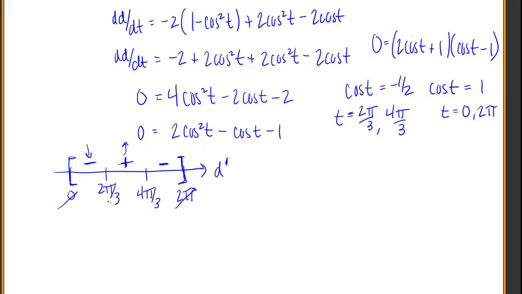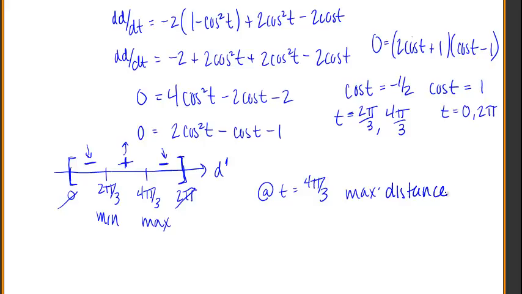And to go from up to down, we have a max. So at t equals 4 pi over 3, we'll have a maximum distance. Alright, it looks like we're finished with that section.